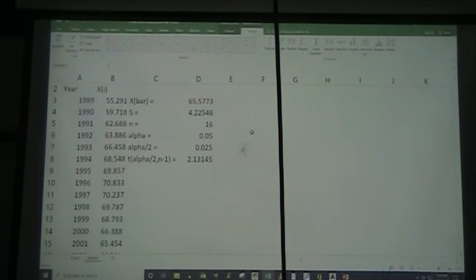All right, so x bar minus t of alpha divided by 2 with n minus 1 degrees of freedom times S divided by square root of n.